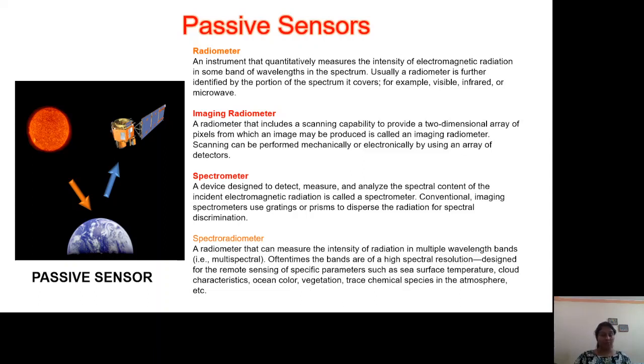Then the spectrometer, a device designed to detect, measure, and analyze the spectral content of incident electromagnetic radiation. Then the spectroradiometer, measuring intensity of radiation in multiple wavelength bands for remote sensing parameters like ocean color, vegetation, etc.